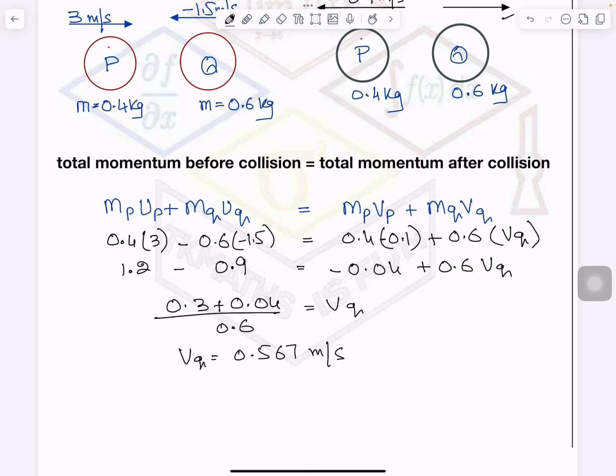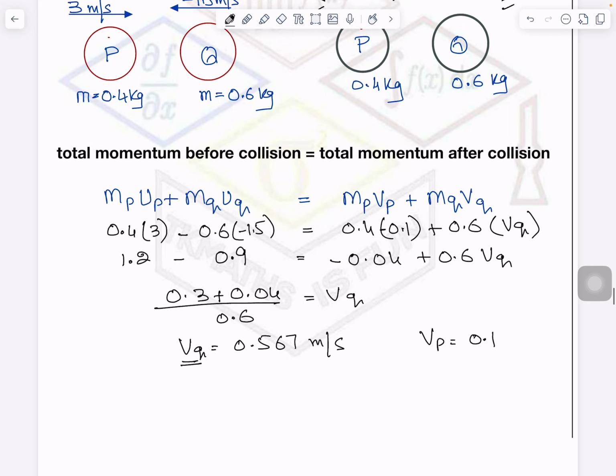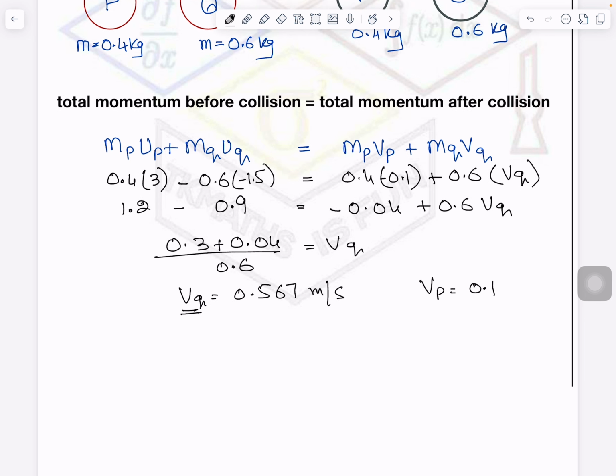Now what is the question saying? 3 seconds after the collision, what is the distance between them? I know the velocity of Q after the collision, and I know the velocity of P after the collision, which is 0.1. So let me see how much distance P will cover and how much distance Q will cover. Distance covered by P. What is the formula for the distance?